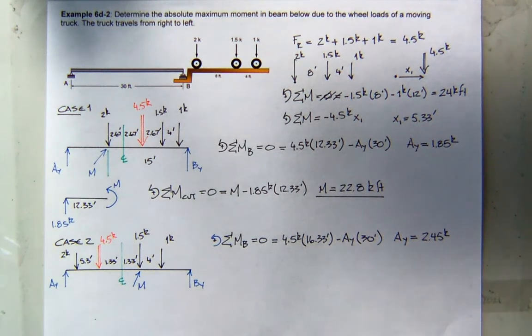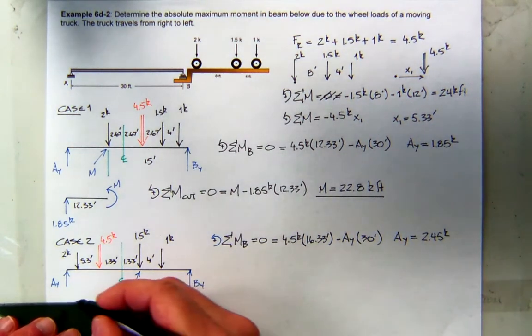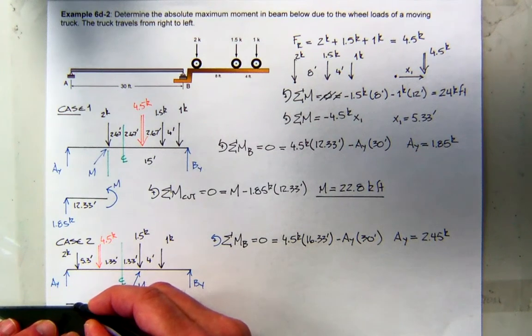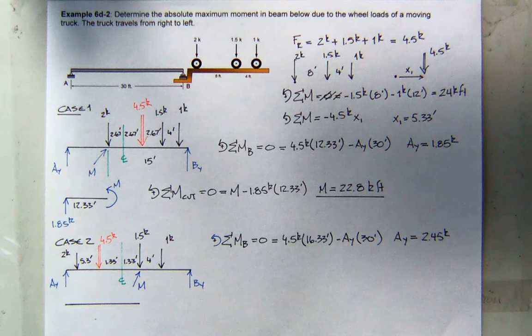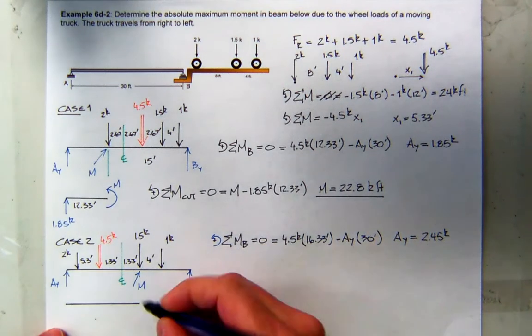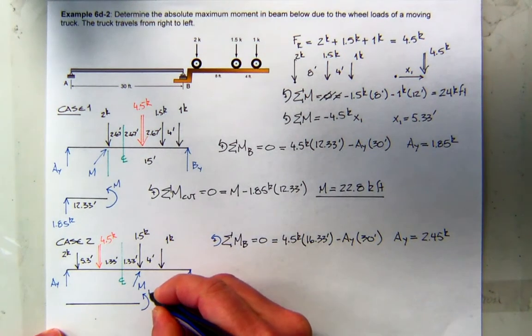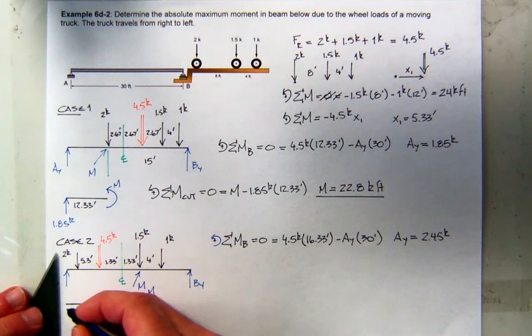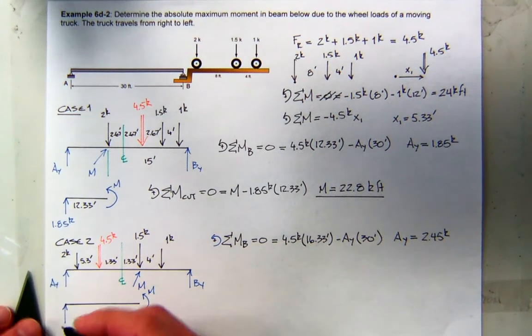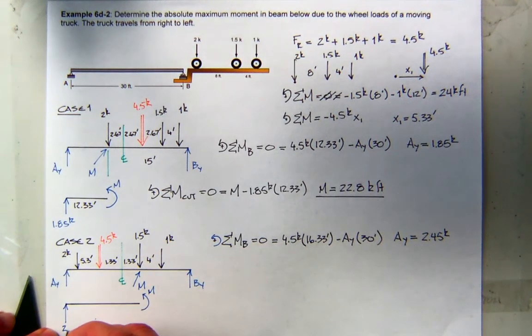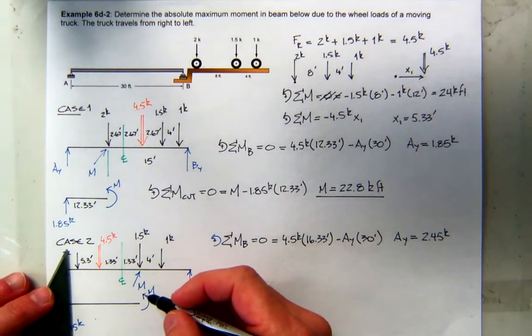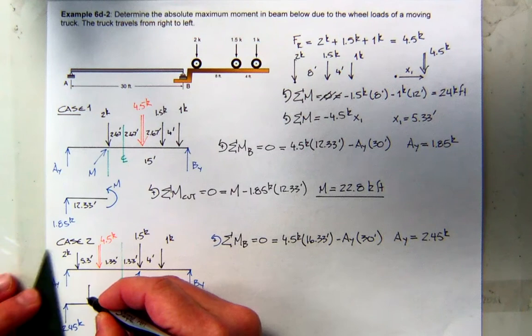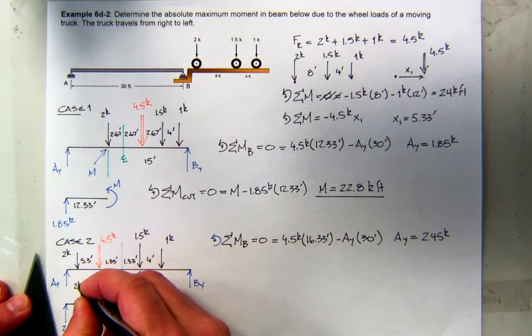Okay. So now we're going to cut the structure. Yeah, that's right. So there's our moment that we're trying to find. We have our reaction, which we just found, which is 2.45 kips. And we have the 2 kip force.